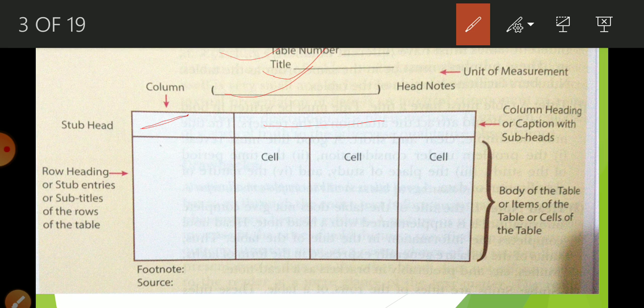Here is the subhead, subtitles, and here is the caption, and these are the cells where we represent data. This is your whole body. Here we write the footnote and source. If any abbreviation is used, we write it in detail here. And source, if we are using another table from another book, so we write the source.